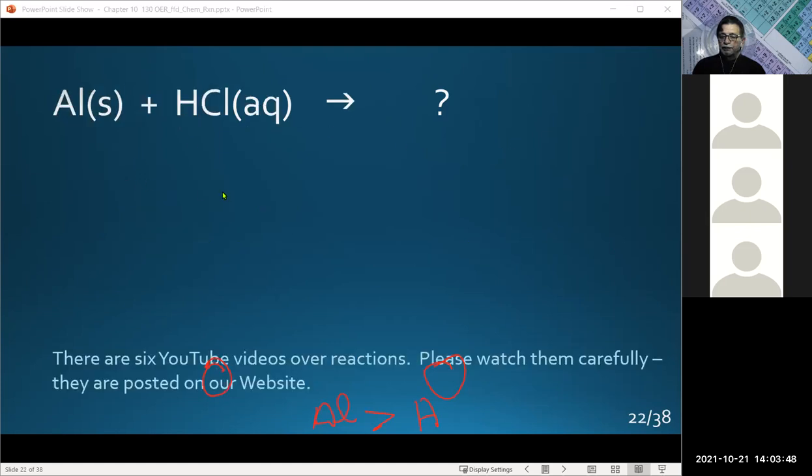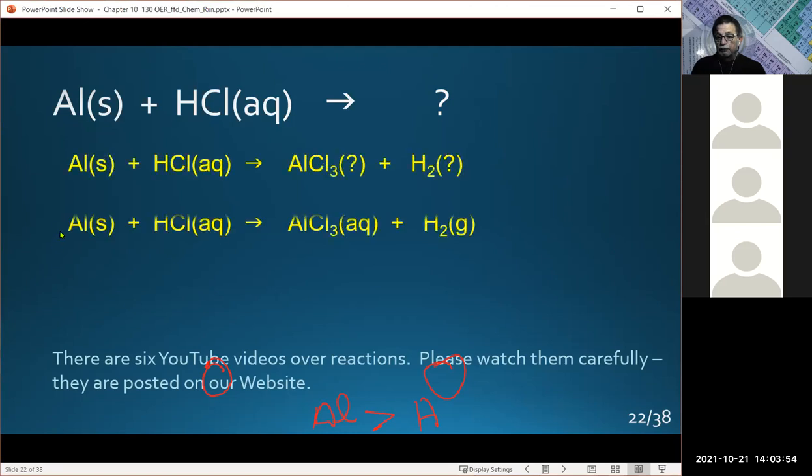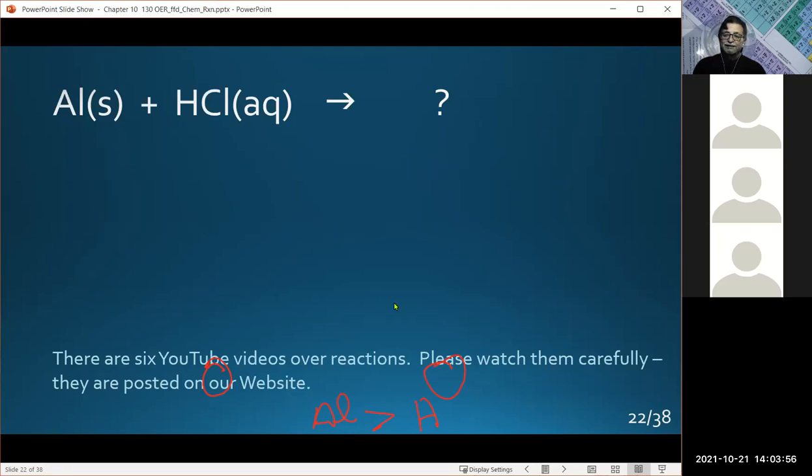And then the second question here, aluminum, in this case, is more reactive than hydrogen. And in this case, it could be hydrogen or H plus, hydrogen gas. And then aluminum is not in the most stable state.